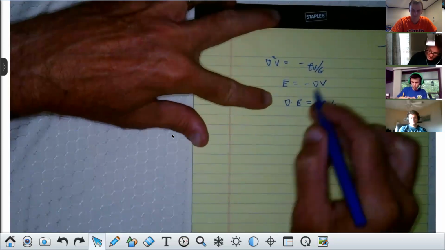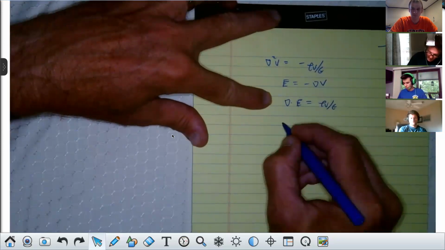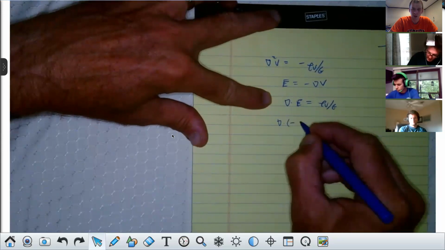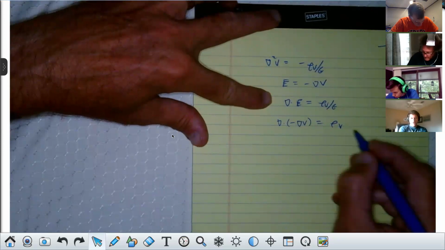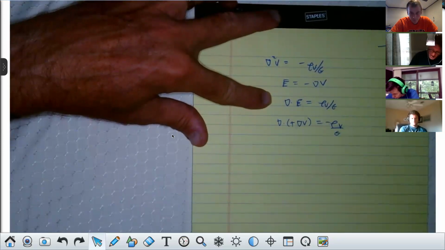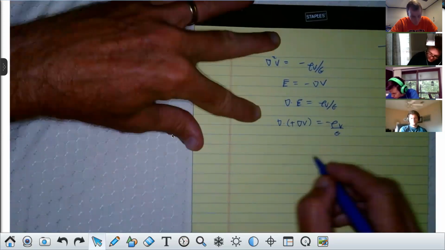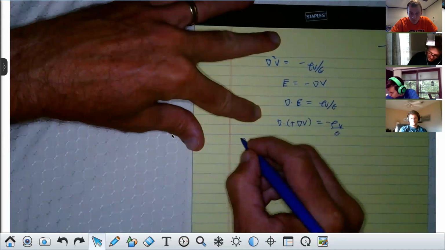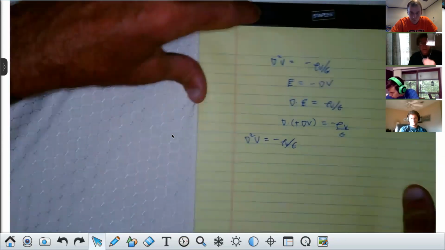So when you place minus gradient of V in here for E, you get the divergence of minus the gradient of V equal rho V over epsilon. And then you multiply both sides by a minus sign. And the divergence of the gradient operator is in fact the del squared. It's the Laplacian, del squared V equals minus rho V over epsilon. That's how that comes about.